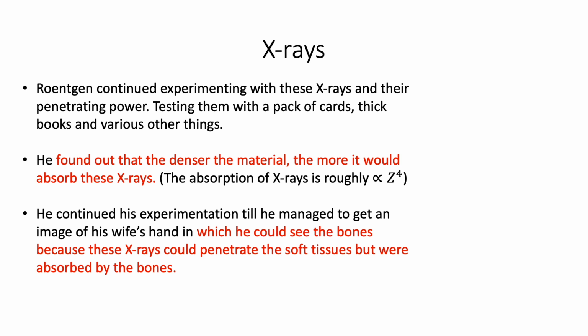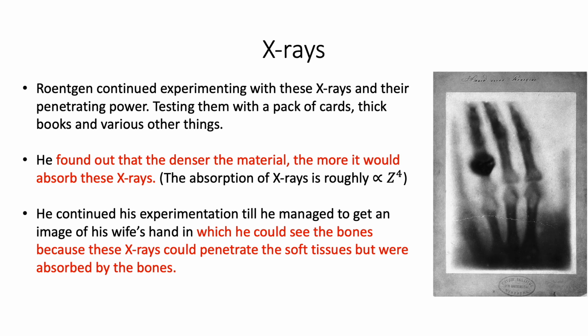While on the other hand, soft tissues are primarily made of hydrogen, carbon, nitrogen, and oxygen. Carbon, which has an atomic number of 6, nitrogen atomic number of 7, and even hydrogen and oxygen all have an atomic number less than 20. So that is why bones absorb a lot more X-rays.